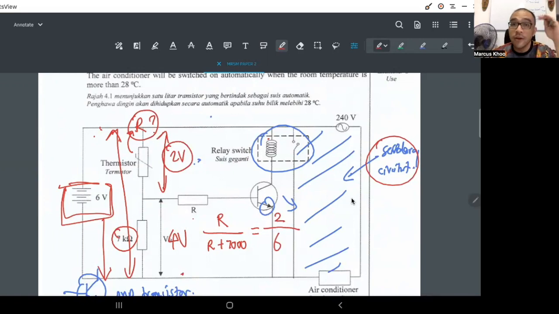Okay, and this is very specific to transistor questions, the potential divider circuit. It's very specific to transistor. So 2 volts, the resistor of the 2 volts, it's like a ratio. The resistor of this one, over R plus 7,000 equals 6.